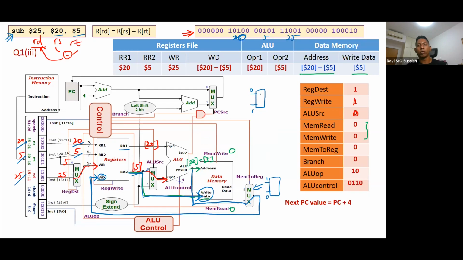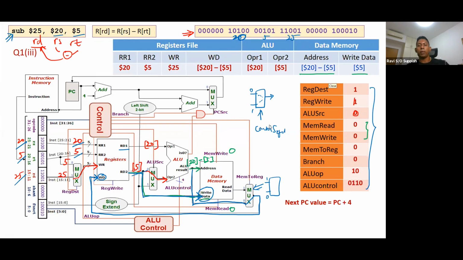Which one goes through, the 0 line or the 1 line, depends on the control signal. That is where all these control signals come in, because these control signals decide which one will be channeled through to the output.